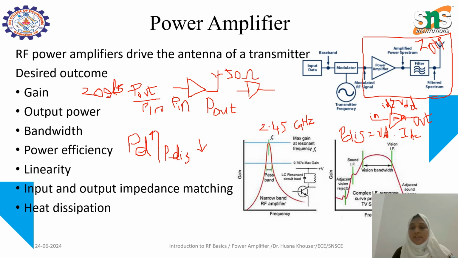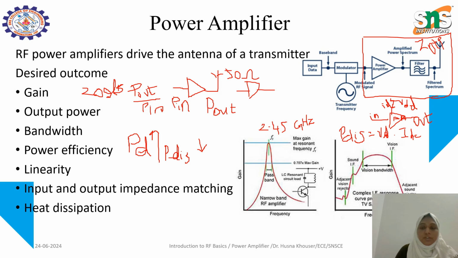When the power is dividing from one stage to another, we have to see what is a proper matching between the input and output. As we already said, there should be optimum matching between the input and the power amplifier, and similarly at the output. Then only we will have the result.